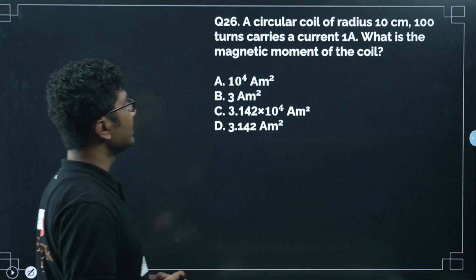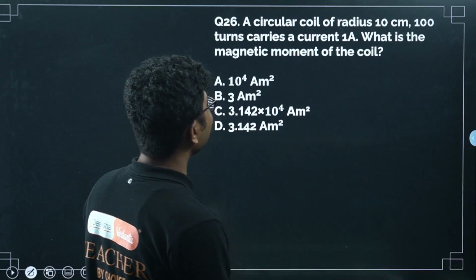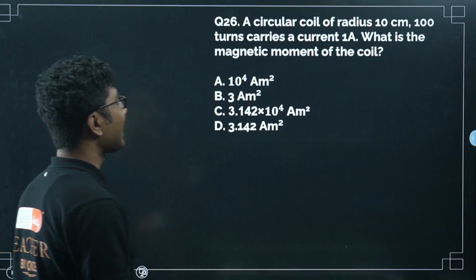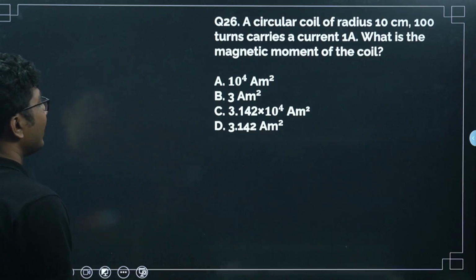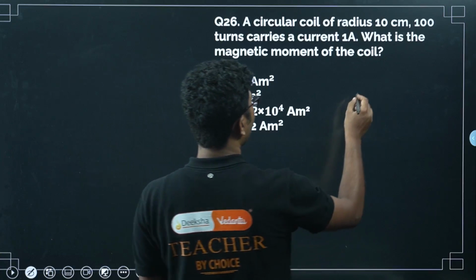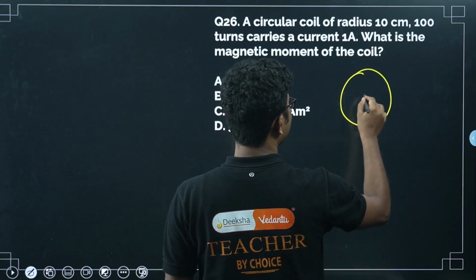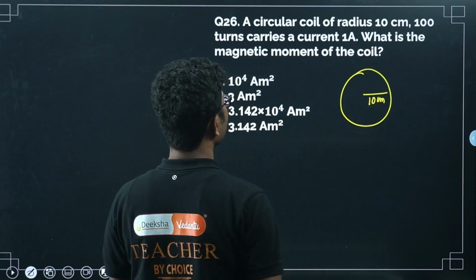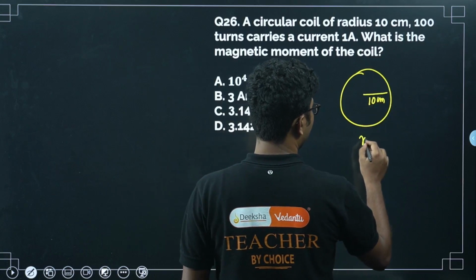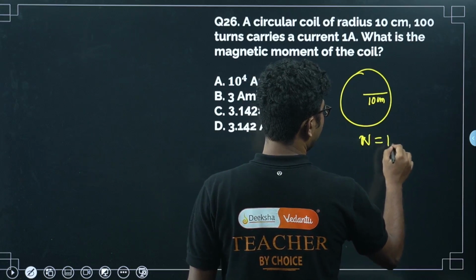Now question number 26. A circular coil of radius 10 centimeter and 100 turns carries a current 1 ampere. What is the magnetic moment of the coil? Very simple question. What is the radius of the coil? 10 centimeter. Okay, and the number of turns is given by 100.